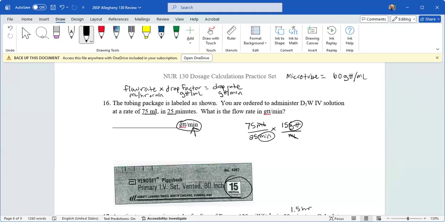So before I do any math, I know I've set this up right. And then I can just do my calculation. 75 divided by 25 is 3, times 15 would be 45 drops per minute.